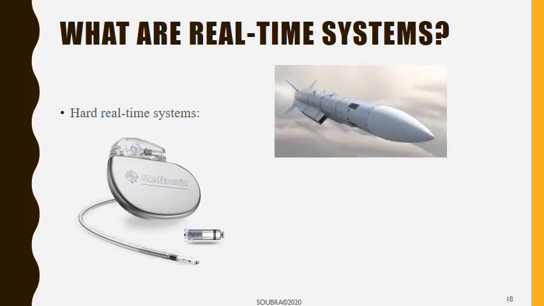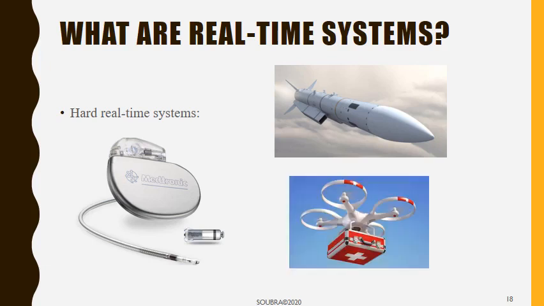Some missiles, so the guiding systems or the explosion controller that might be in the missile, for instance, need to meet the deadline and not run quickly or slowly, so it hits the target and avoids a catastrophe.